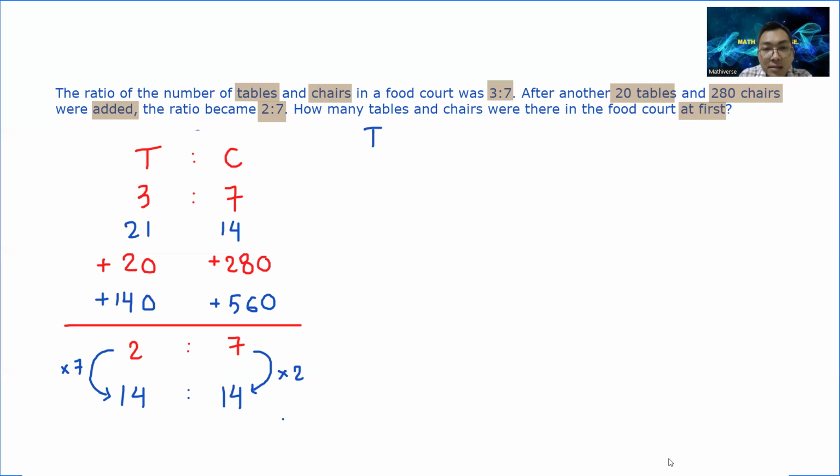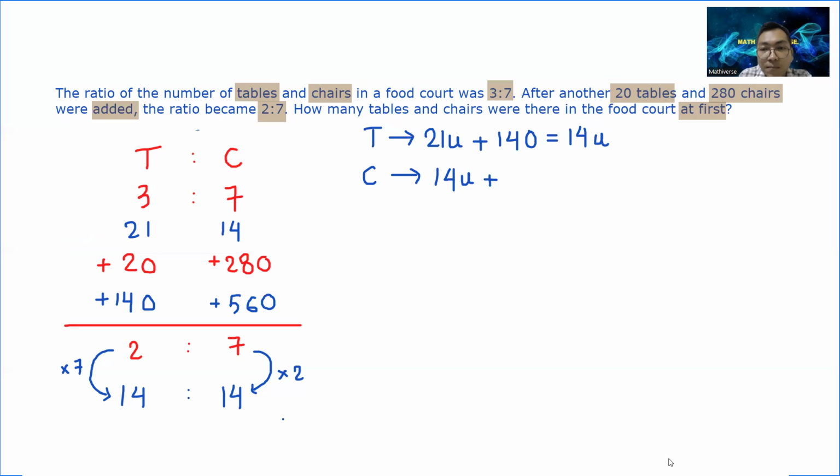So what is the table equation? Everyone look at this. Table equation is at first 21 units. And then if we add 140, the total is 14 units. Okay, here 21, 140, 14, just like that. Okay, what about chair? The chair is at first 14 units.